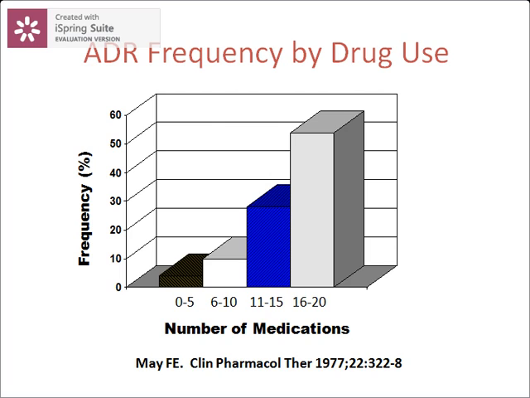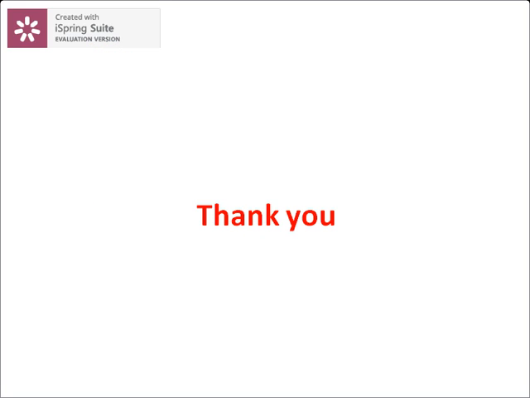This is a graph which shows ADR frequency by drug use. On the x-axis is the number of medications, and on the y-axis the frequency of occurrence of adverse drug reactions. The graph suggests that the more medications in a regime, the greater the likelihood of adverse drug reactions. So we should be vigilant for adverse drug reactions in case of polypharmacy. Thank you very much.